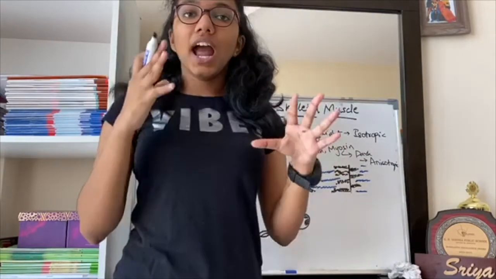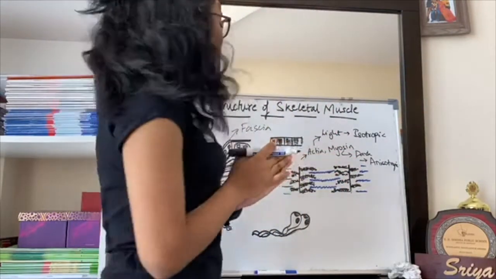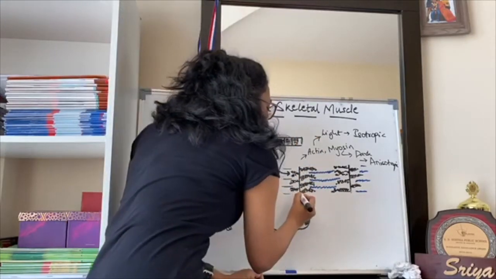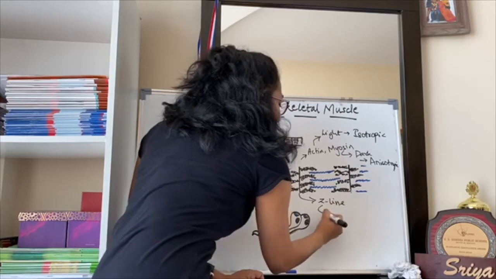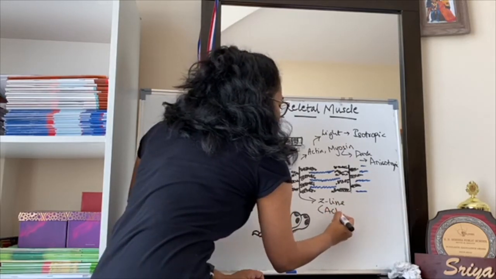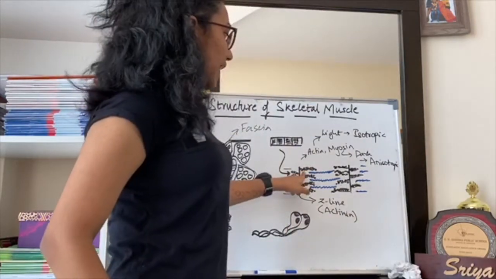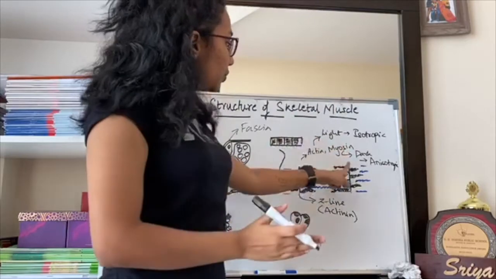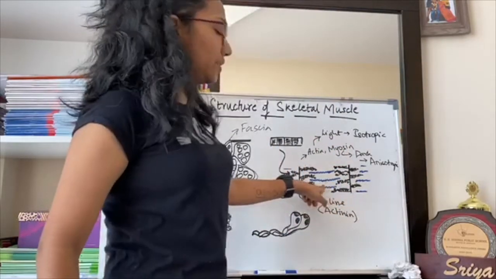The black lines you see here are the actin filaments, and the blue ones are the myosin filaments. Now I'm going to tell you how this is arranged. Actin filaments are together attached to this one black line you see here called the Z line. It's made up of another protein called actinin. Myosin filaments are present in between two given actin filaments attached to Z lines, as you can see here.